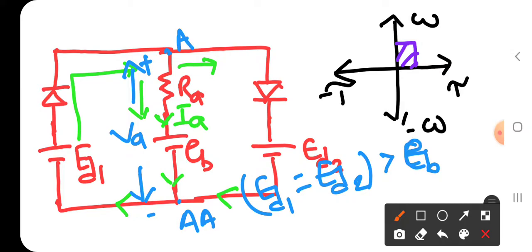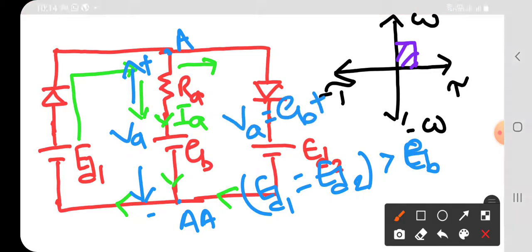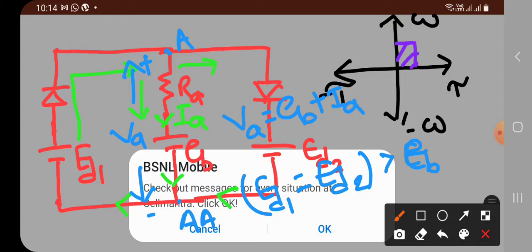If back EMF dominates, then the current flows from AA to A. So now what is the equation of VA? VA is equal to EB plus IA RA. This operating mode is called forward motoring.